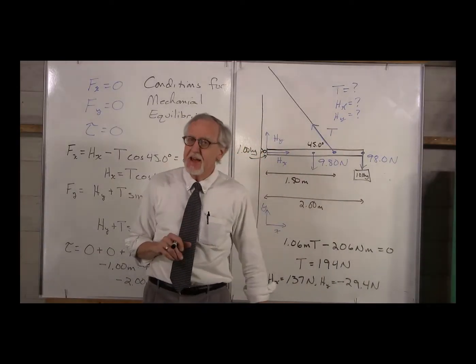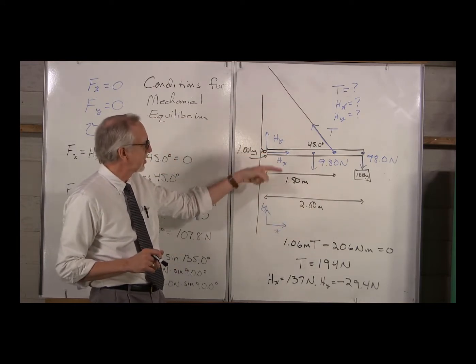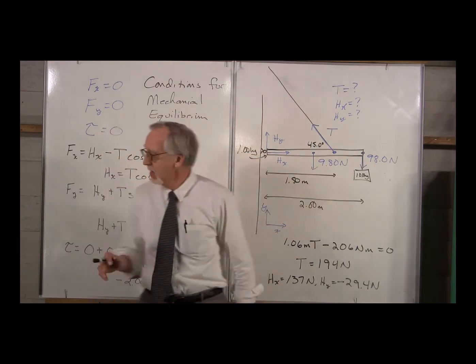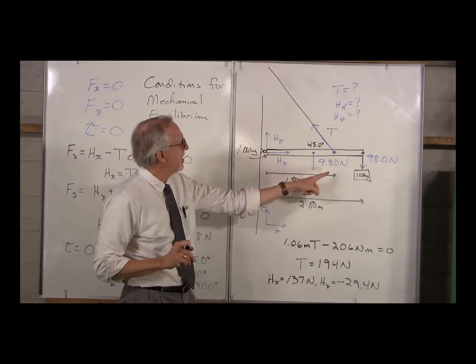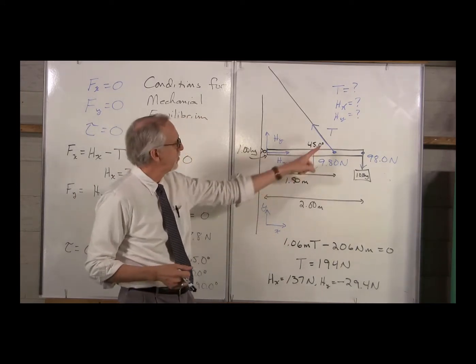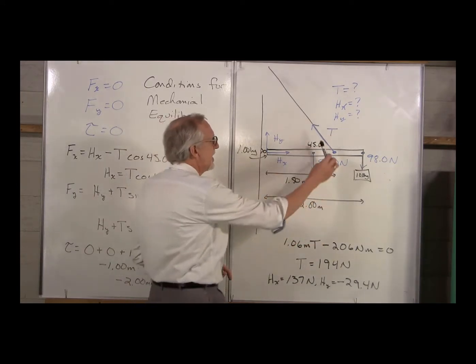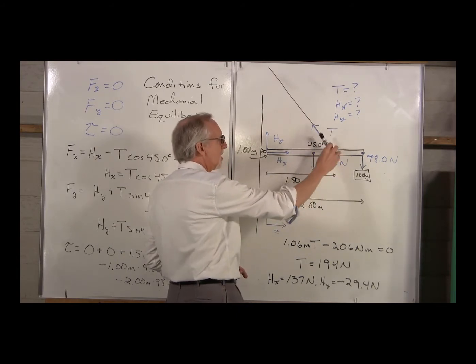For the forces in the x direction, what do we have? What forces are acting in the x direction? Well, we've got h sub x, so we have F sub x equals h sub x. And then the only other thing with a component in the x direction is the tension. So the tension is acting up this way and therefore has a component in the horizontal direction.